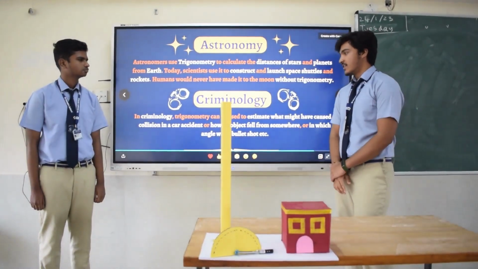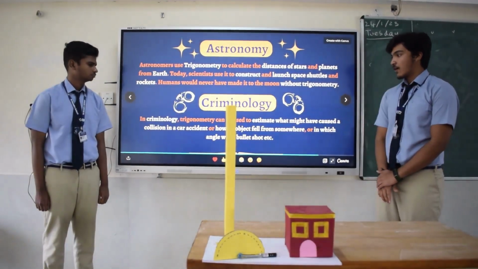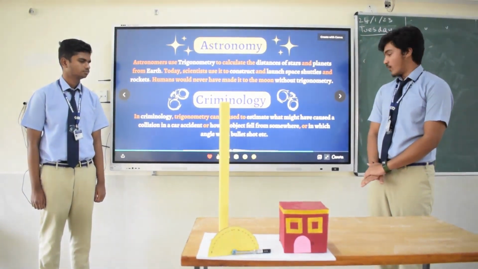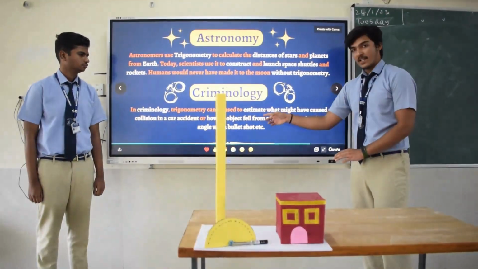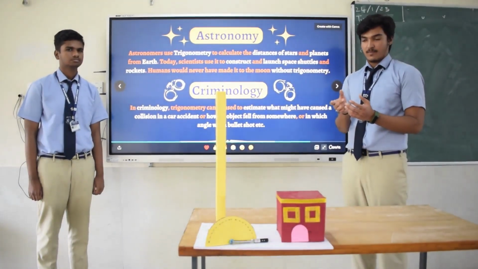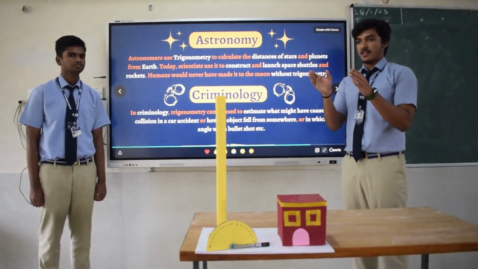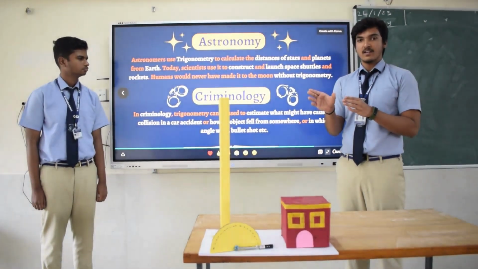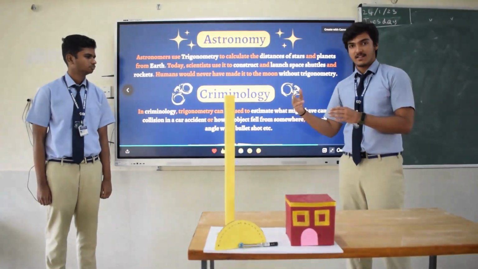In criminology, trigonometry can be used to estimate what might have caused a collision in a car accident, how an object fell from somewhere, or at which angle a bullet was shot. These applications are basically dealing with angles. In a practical situation, we would break the total distance into a right angle triangle, and using that we can find out the angles and distances as we saw.